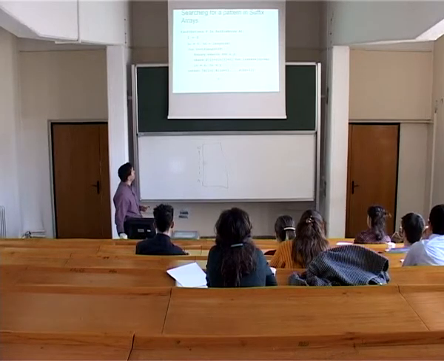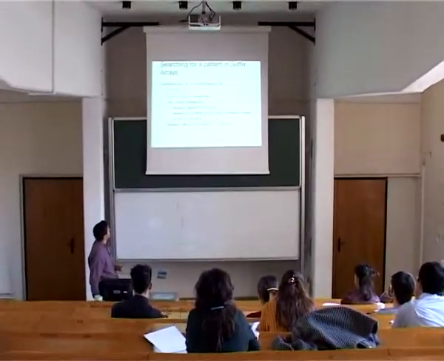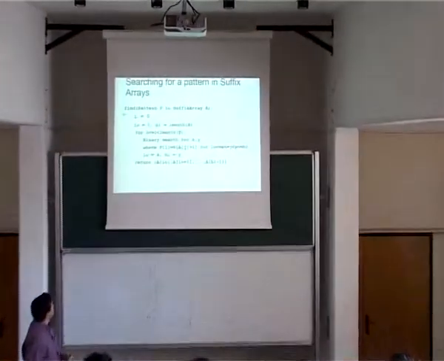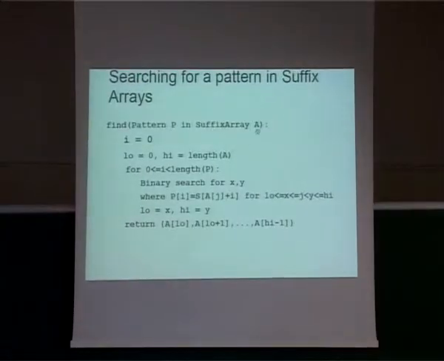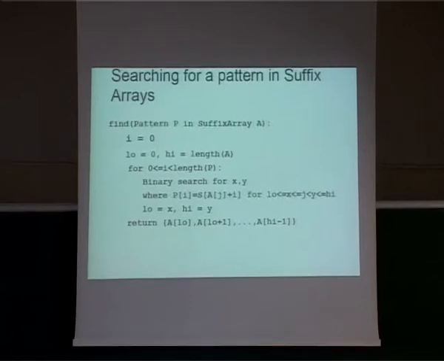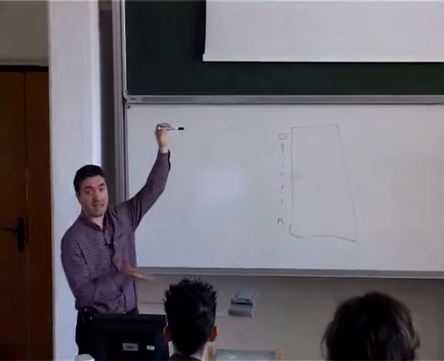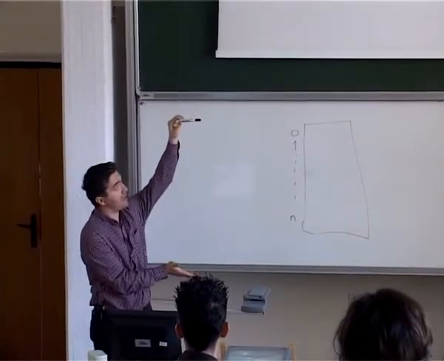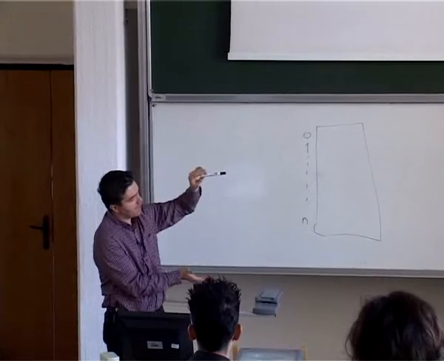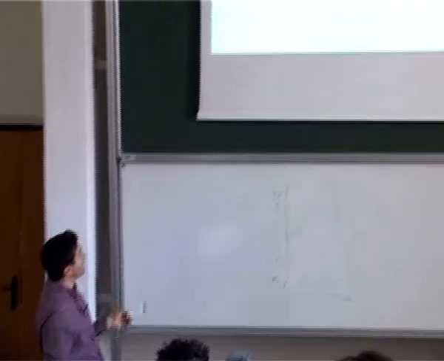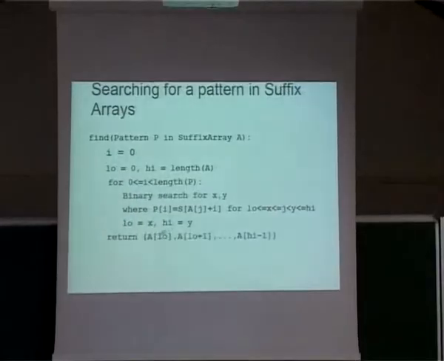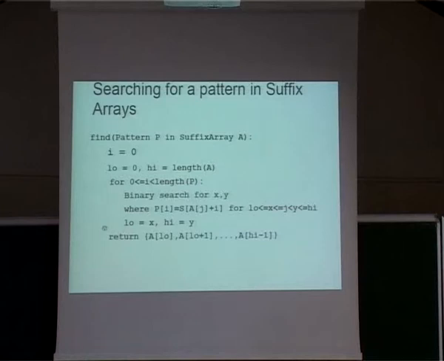So here's the pseudocode to search for a pattern in suffix arrays. The function find takes a pattern p and a suffix array a. It starts two indices that show the low and high points of our search. The low and high start at the beginning and end of the array. Each time, by doing binary search, we increase low and decrease high until we can find our pattern exactly, or if we cannot find the pattern in the array, it means that our pattern does not exist in the string.